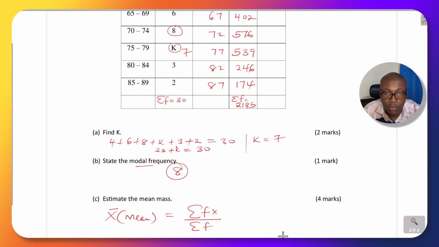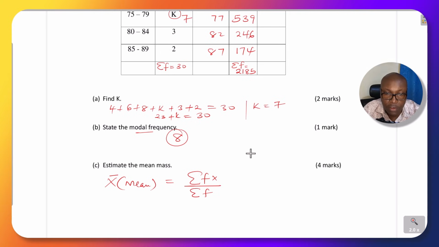So the summation of fx is 2185, divided by the summation of f, which is 30. So we divide by 30. That gives 72.83 kilograms. That is the mean mass.